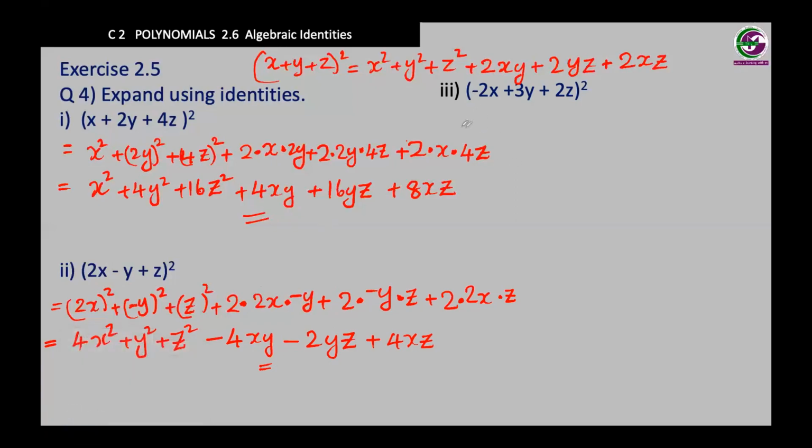Again, we have three terms, so we can rewrite square of the first term.